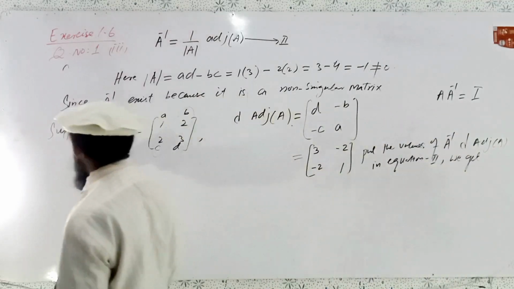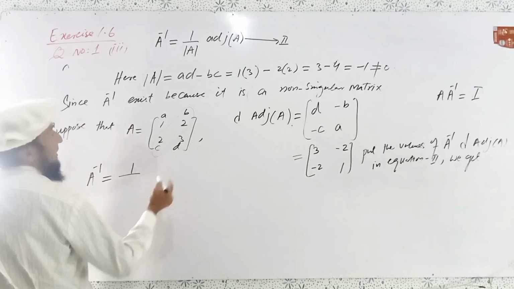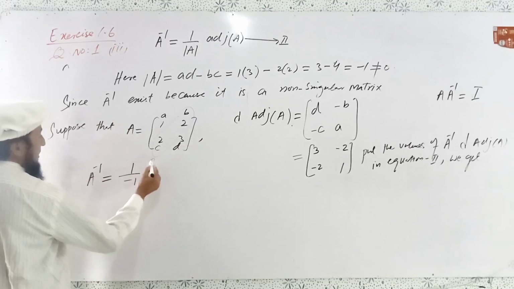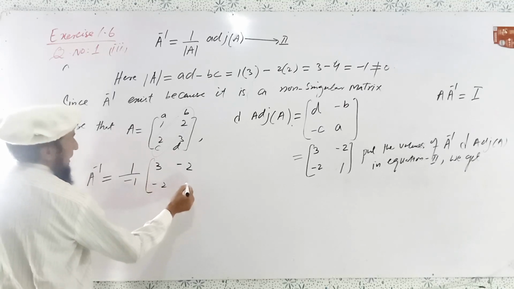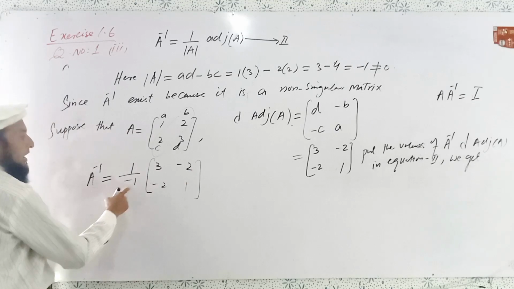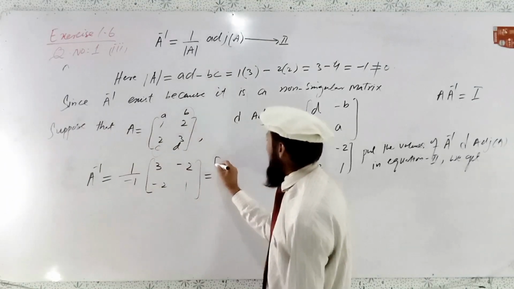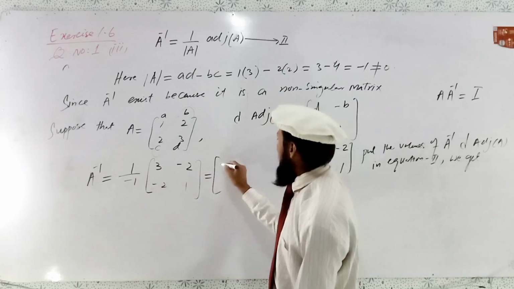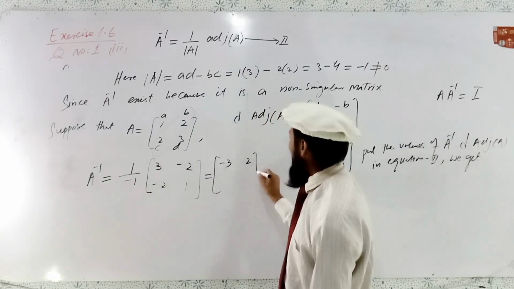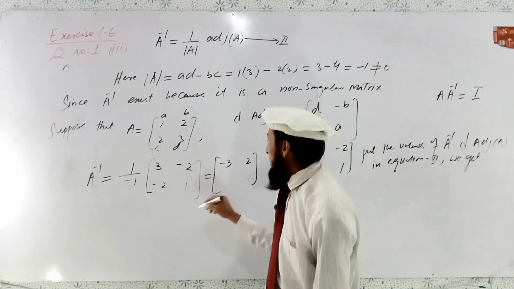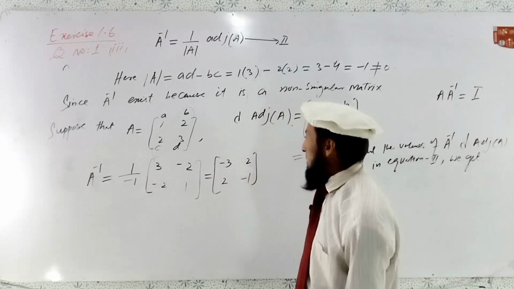A inverse is equal to 1 over the determinant of A, which is minus 1, times the adjoint of A: 3, minus 2, minus 2 and 1. Now we divide each value by minus 1, so the sign is also changed: 3 divided by minus 1 is minus 3, minus 2 divided by minus 1 is plus 2, similarly minus 2 divided by minus 1 is plus 2, and 1 divided by minus 1 is minus 1.